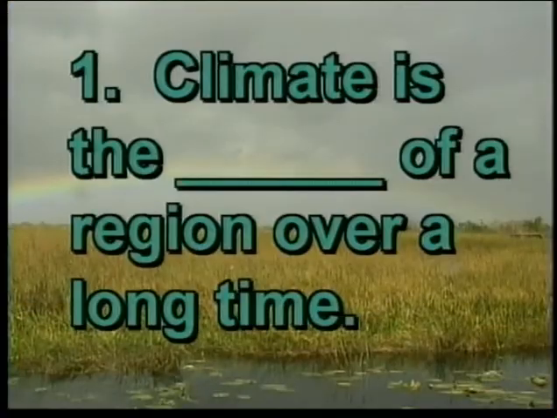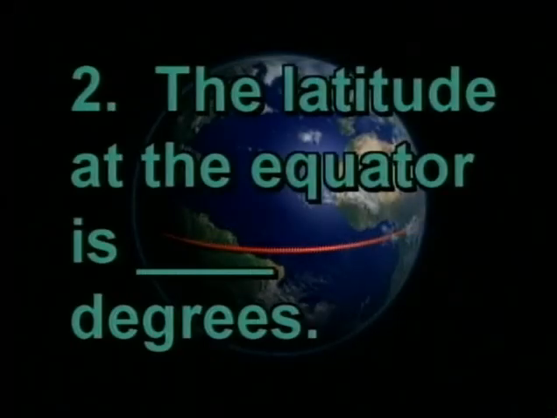Number 1. Climate is the of a region over a long time. Number 2. The latitude at the equator is degrees.